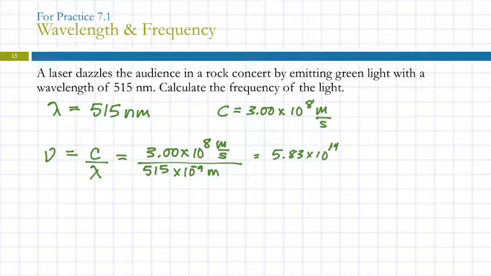And that would be, we could write that as 1/second, we could write that as second to the minus 1, or we could write that as hertz. Those all mean the same thing. The frequency of the light, 5.83 times 10 to the 14th hertz. Questions?